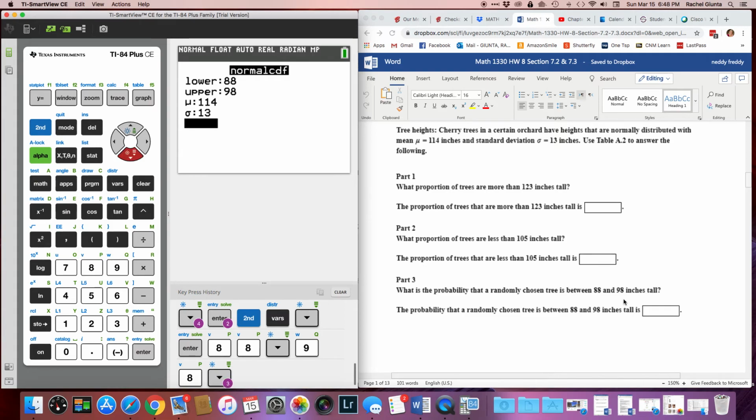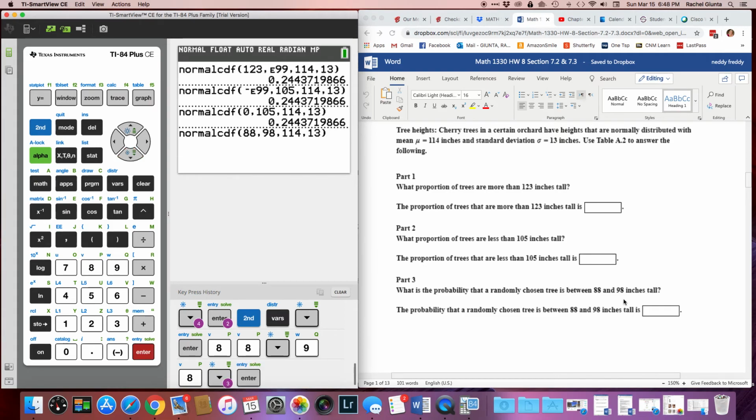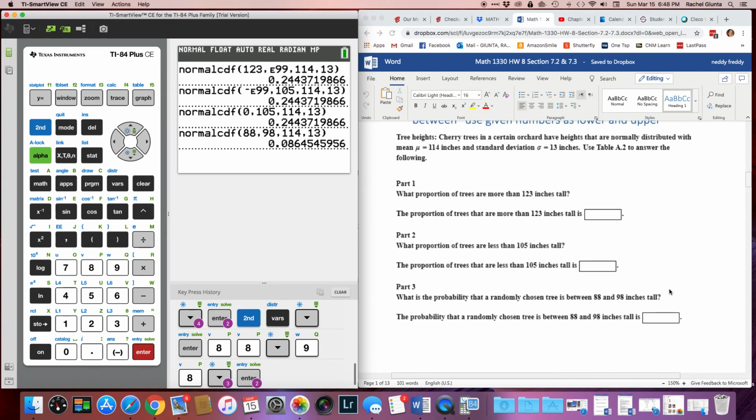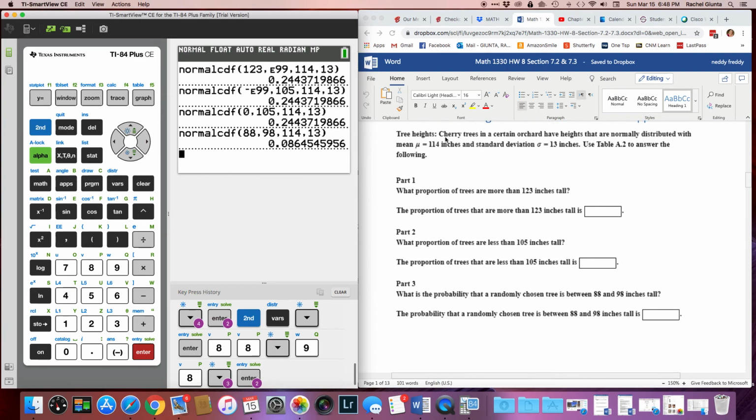Mean and standard deviations stay the same, and that's your answer. So these are all pretty straightforward in terms of how you get the answer, and all the other problems like it are going to have different words, different means and standard deviations, but mostly they'll just be asking you a more than, a less than, and a between answer.